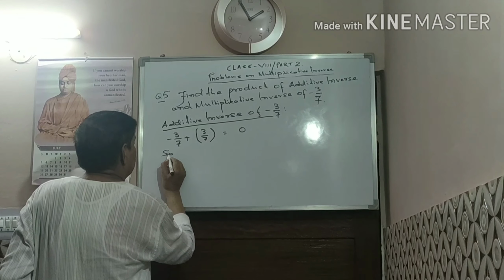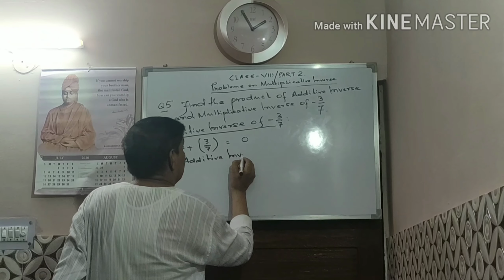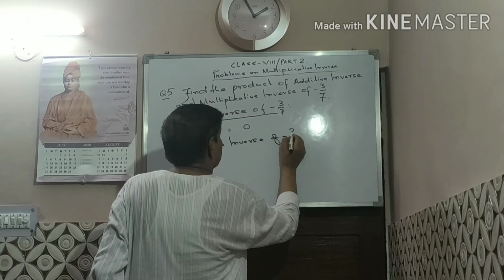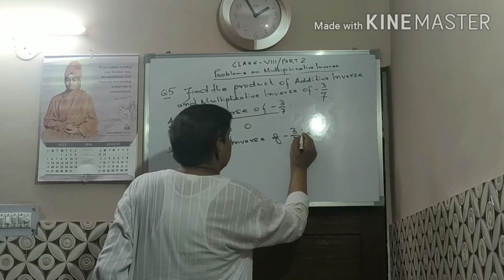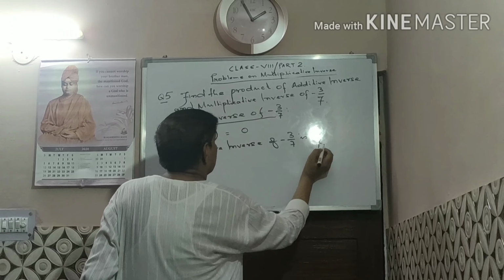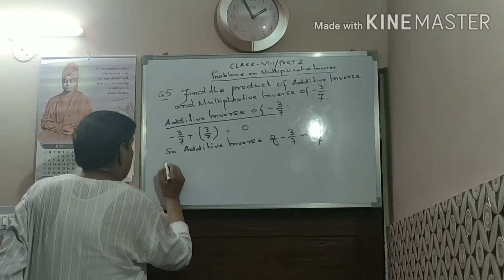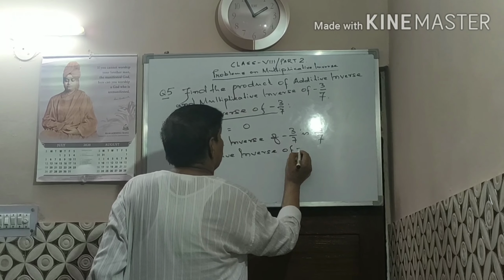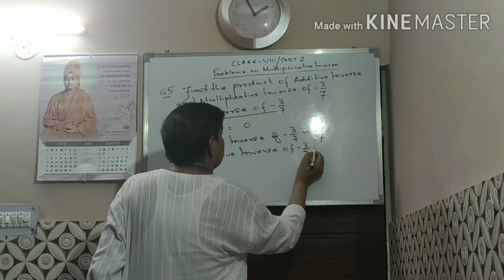The additive inverse of minus 3 by 7 is 3 by 7. Now the multiplicative inverse of minus 3 by 7.